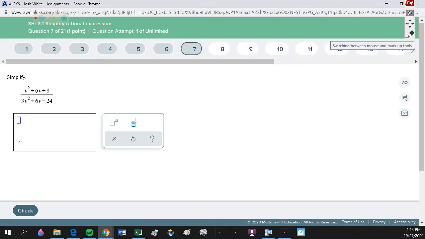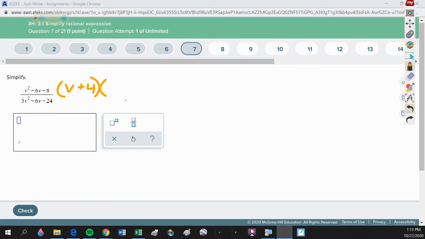So you might look at this and think, oh, look, 8 goes into 24 3 times. No, not allowed to do that. You cannot cancel a portion of a polynomial using addition or subtraction. So what you have to do is factor the top, they're v's, v plus 4 and v plus 2. And then on the bottom, I'm going to pull a 3 out.